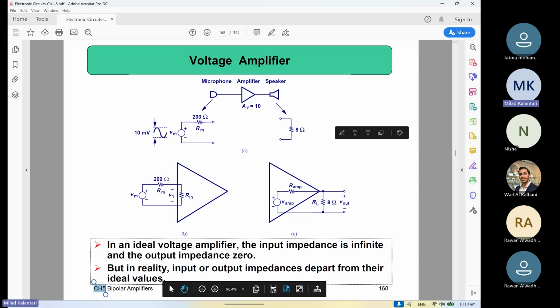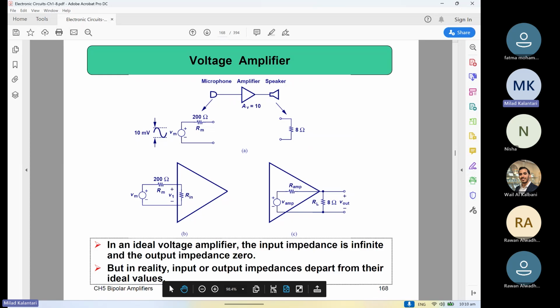Let's continue teaching voltage amplifiers, basically continuing the BJT voltage amplifiers. Last time we reached this page.